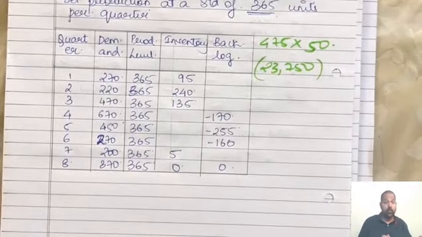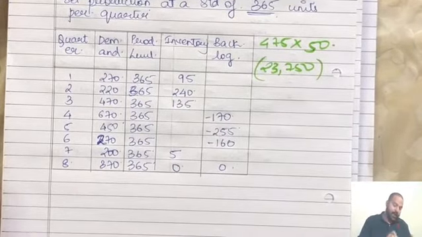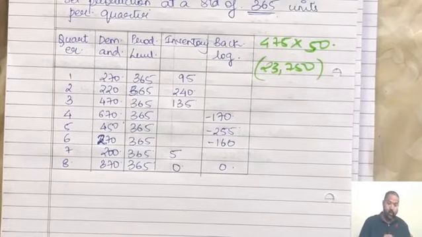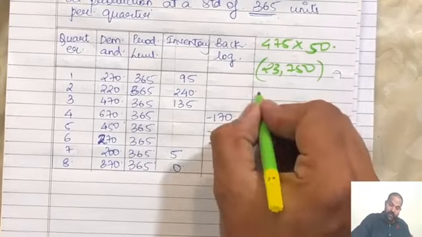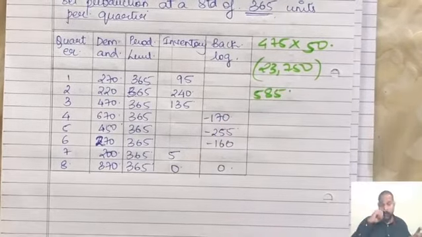Well, cost of backlog was 100 rupees. How much backlog are you carrying? 170 plus 255 plus 160 was the total backlog carried, which is 585 units of backlog.